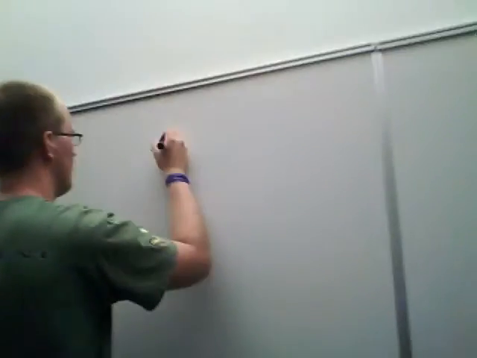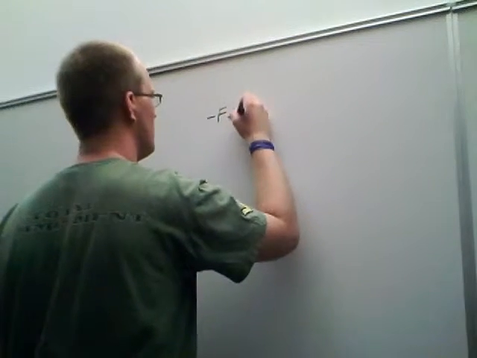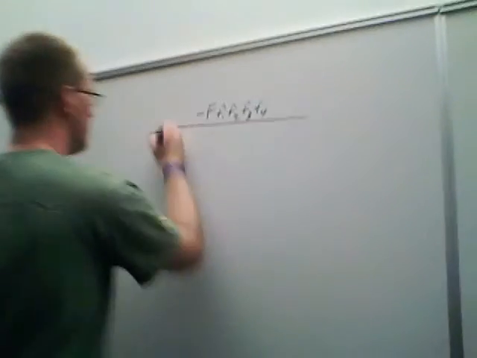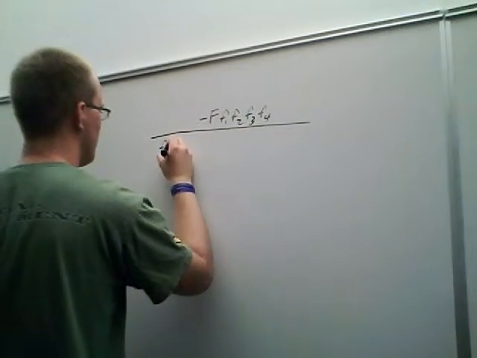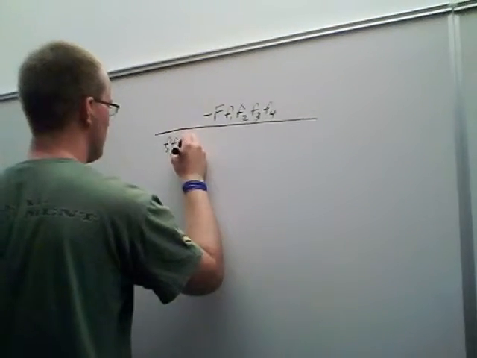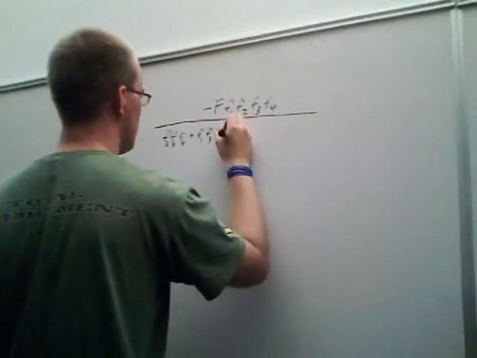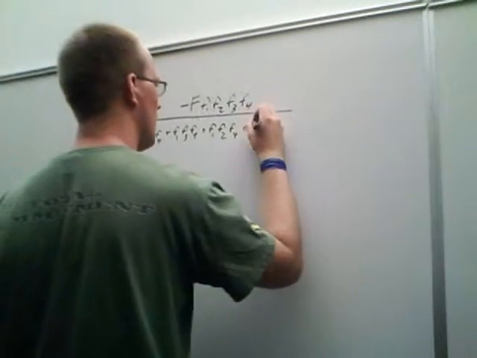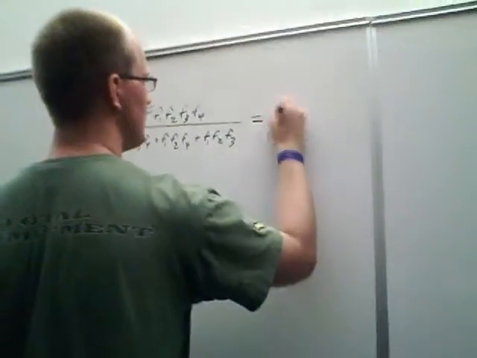So we got negative F times F1 F2 F3 F4 divided by the quantity F2 F3 F4 plus F1 F3 F4 plus F1 F2 F4 plus F1 F2 F3. And that's all equal to delta 4.